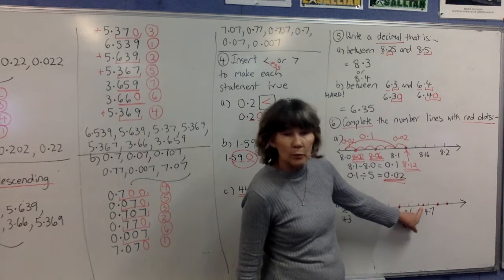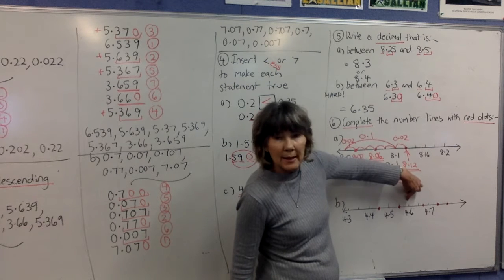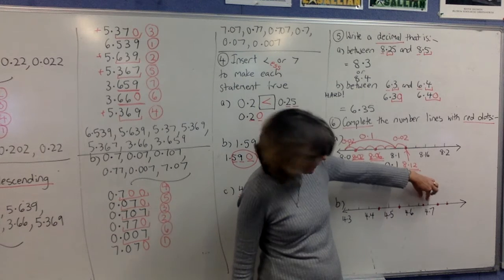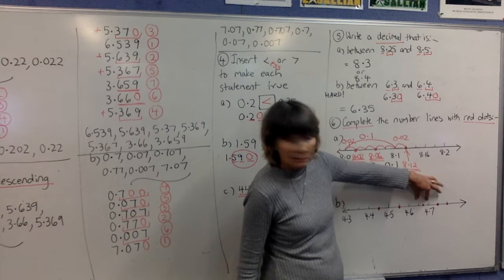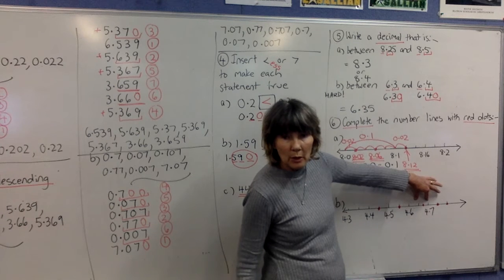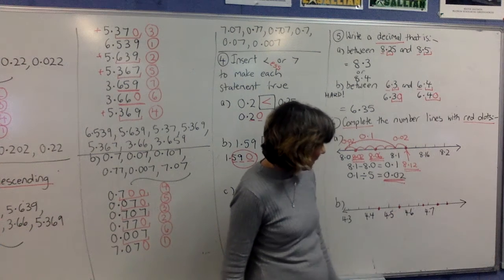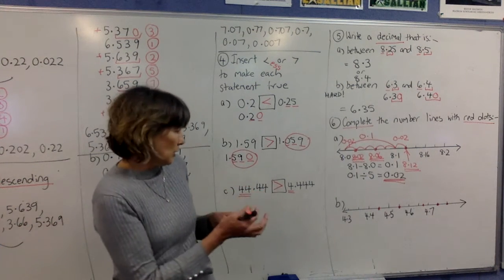So this red dot here, you've got 4.6, then you've got a mark, and then the 4.7. Now this dot is between these two marks. Okay, so that's a bit tricky where you're going to put that right in the middle of these two. Okay, then on the next two marks at the end, you're going to put two red dots.